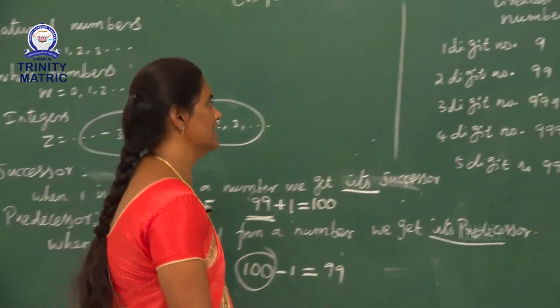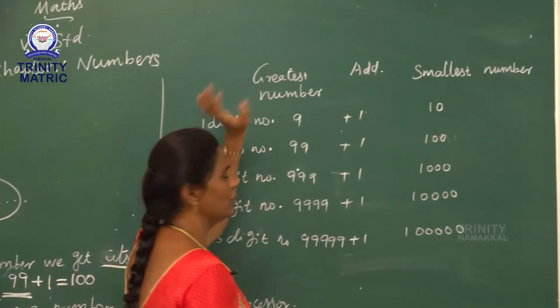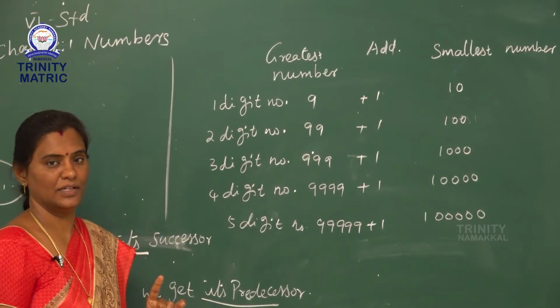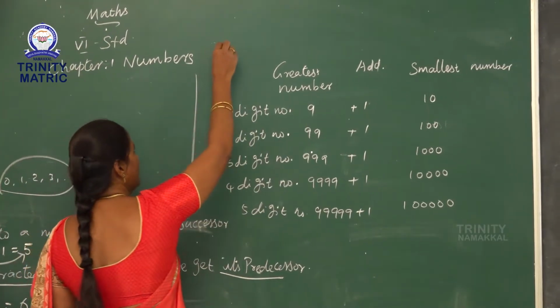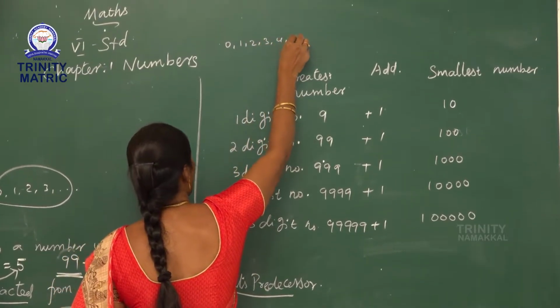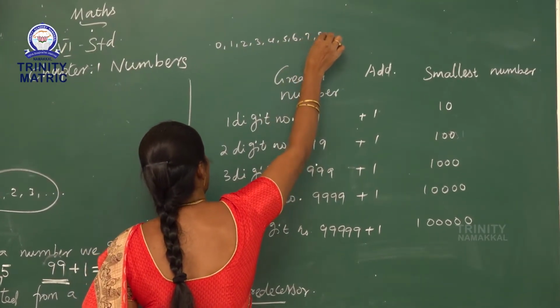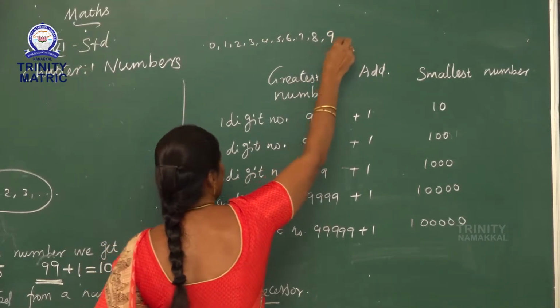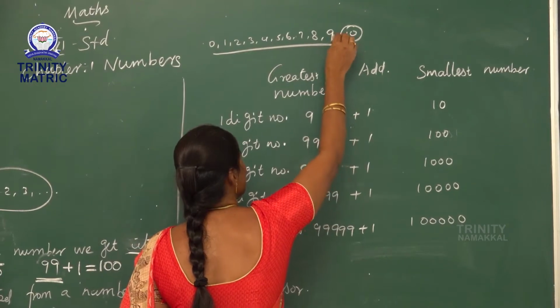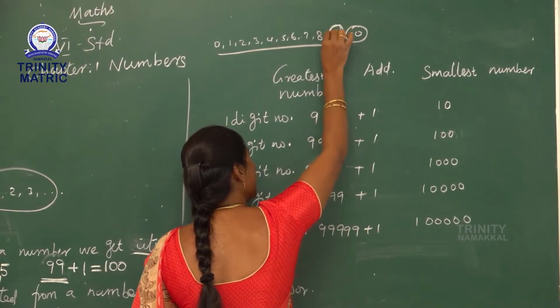Next, see here, we know that the greatest one digit number is 9. How many one digit numbers are there? 0, 1, 2, 3, 4, 5, 6, 7, 8, 9. After 9 we get 10. This is a 2 digit number. From these one digit numbers, 9 is the greatest.